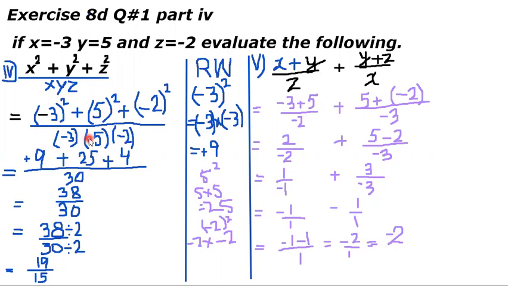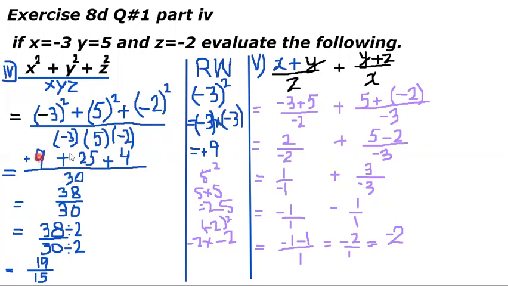Minus multiplied by plus gives us negative, and negative multiplied by negative gives us positive. So in the denominator there will be a positive sign, not a negative sign. Now 3 times 5 is 15, and 15 times 2 is 30. Positive 30 will be the denominator.